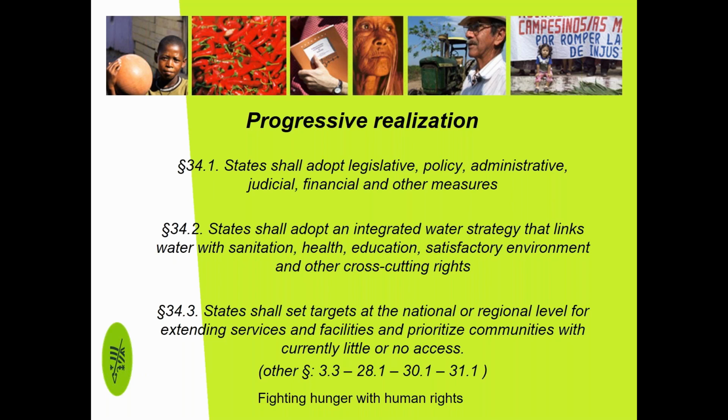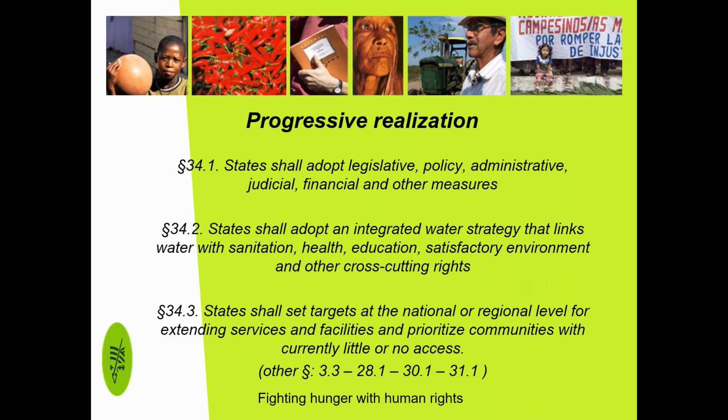And for instance, paragraph 34.2: the state shall adopt an integrated water strategy that links water with sanitation, health, education, satisfactory environment, and other cross-cutting rights.